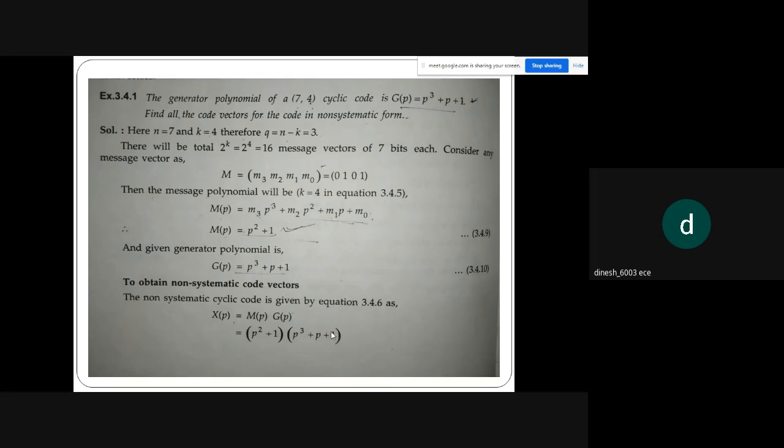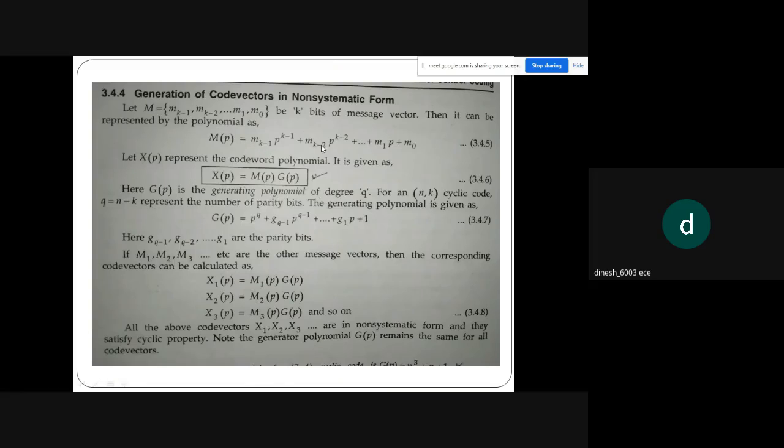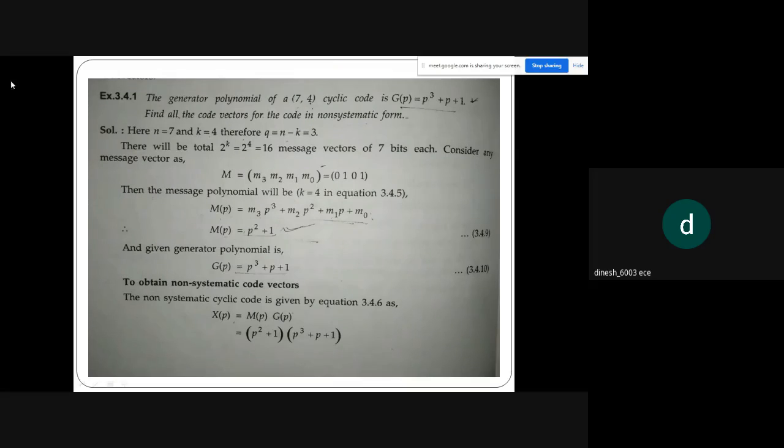So from the given question we can find the value of n. Since it is always n comma k, n is equal to 7, k is equal to 4. So next we need to find the q value. So q is n minus k.